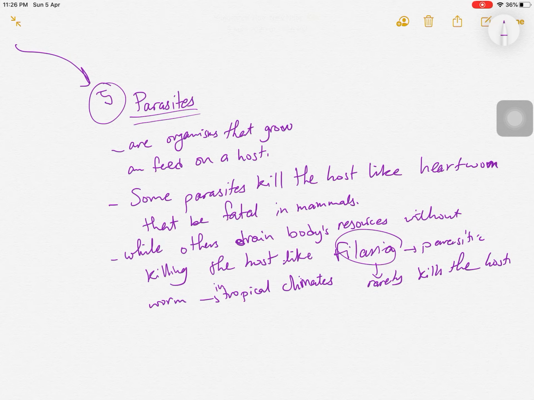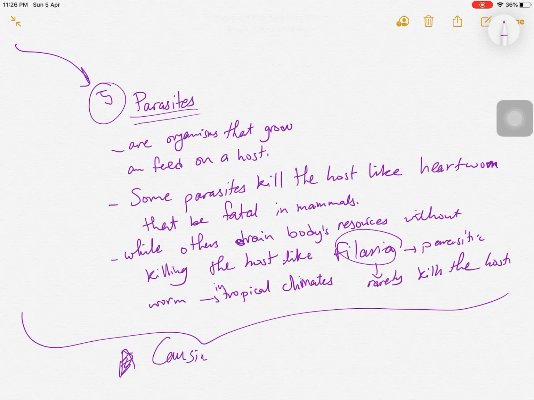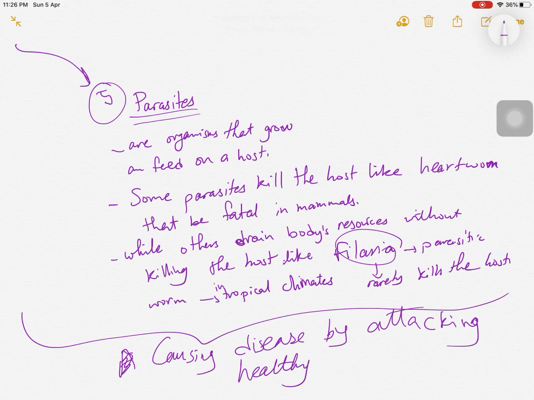Now, as we saw, all these pathogens are different from each other in structure and in function and the way they attack the cells. However, they all share a similarity, which is causing disease by attacking healthy cells.